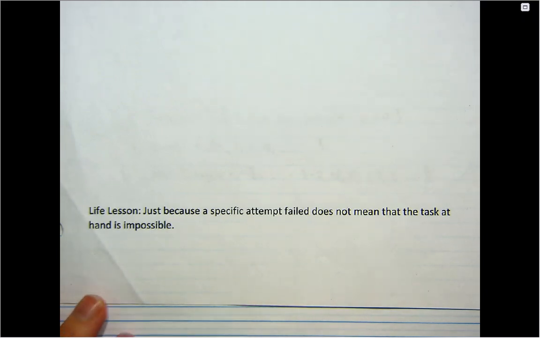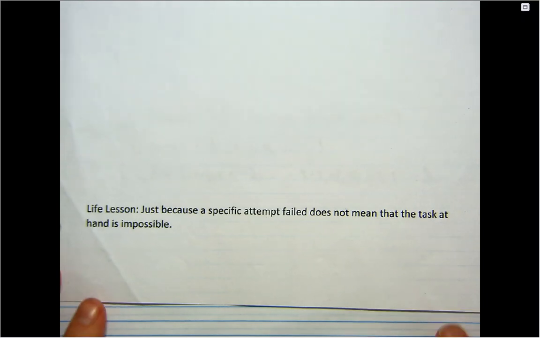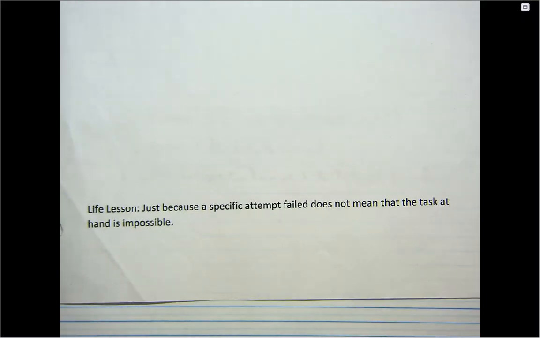As a matter of fact, looking at this life lesson, does anybody know what WD-40 is? Who knows what WD-40 is? Yes. What is it? Oil. Yeah, it's an oil. Lubricant. Like a lubricant. Yeah, and you spray it on your nuts and bolts when they're stuck together, and your wrench won't get them apart because they're so rusted together.